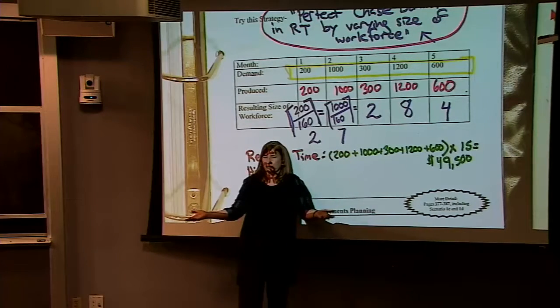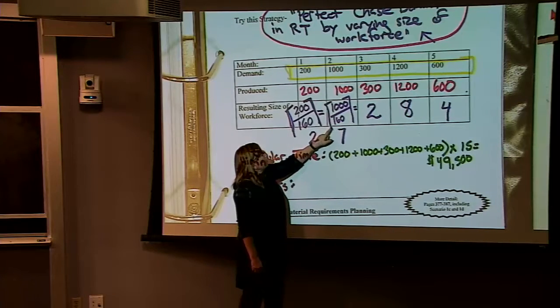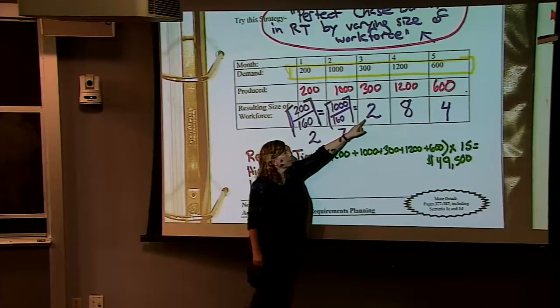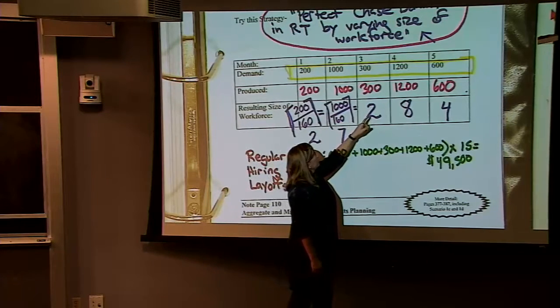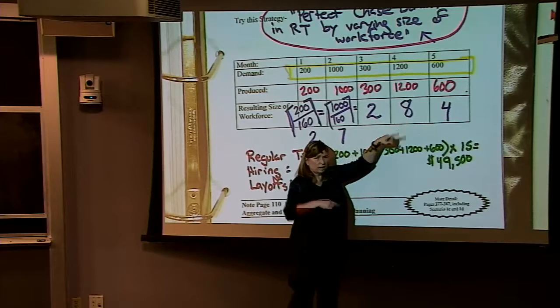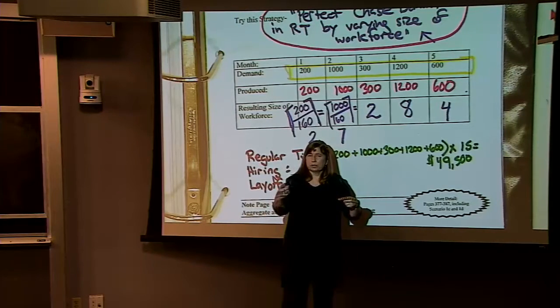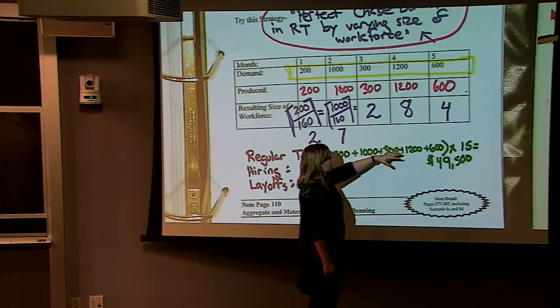It's not really a formula. Okay, so I'm going to be hiring 5 people here. Then from the second month to the third month, I'm going to be reducing the size of the workforce, so that's not hiring. But from the third month to the fourth month, I hire 2 up to 8. I hire another 6 people, right? Okay, got to remember that. And then, okay, the rest of that is not hiring. That is reducing the size of the workforce.